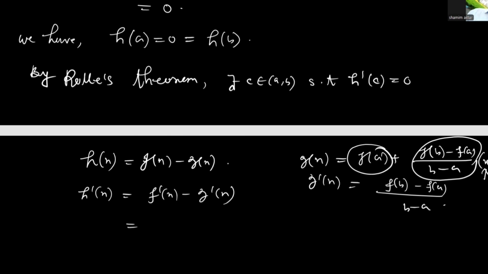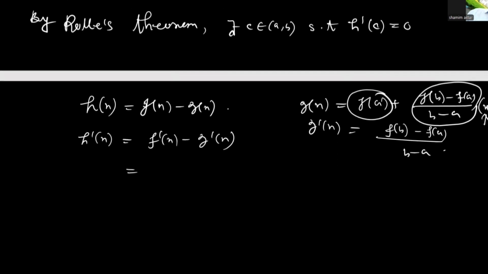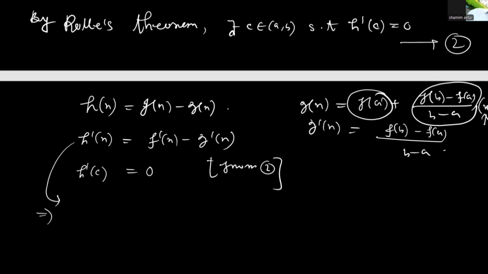Now put x equal to c, so we have h'(c) equal to 0 from these two. This is equation number 2. From 2, putting the value x equal to c, we get f'(c) minus g'(c) equals 0.